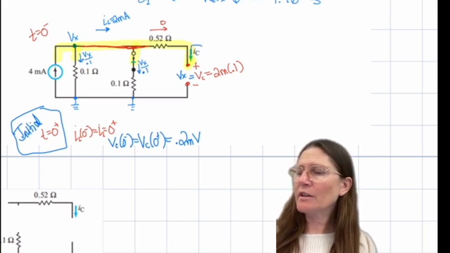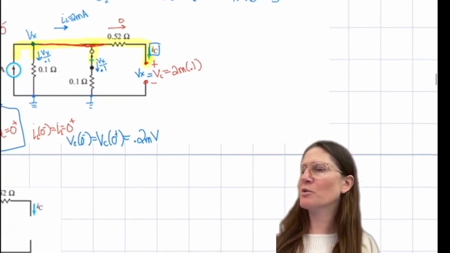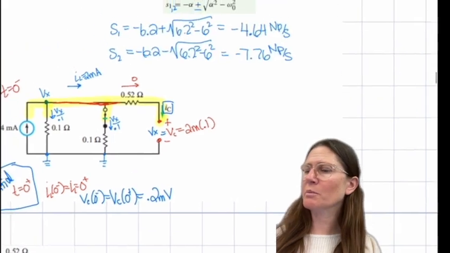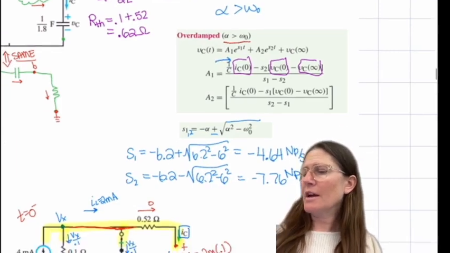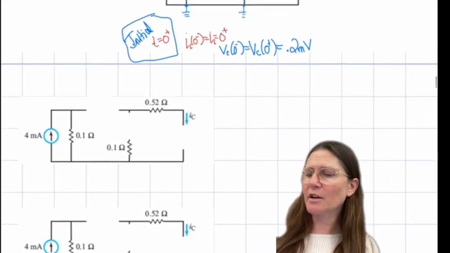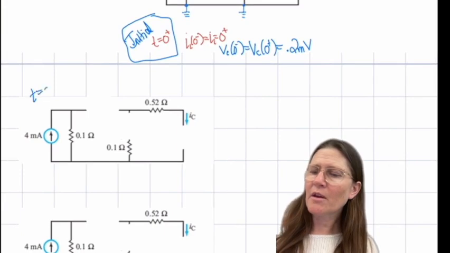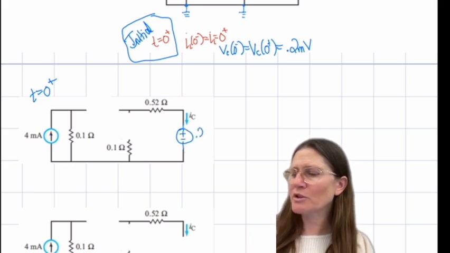Now we need to know, well, does the current change in that branch for t equals 0 plus? Because that's the other one we need to find here. That IC of 0. So that's going to be at 0 plus. So looking at that time, we know this has to act the same voltage, so 0.2 millivolts.